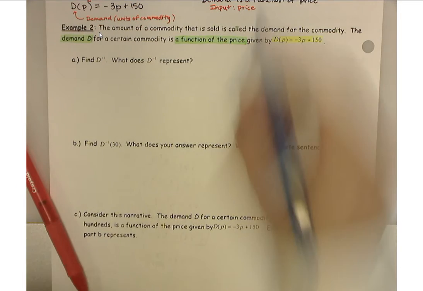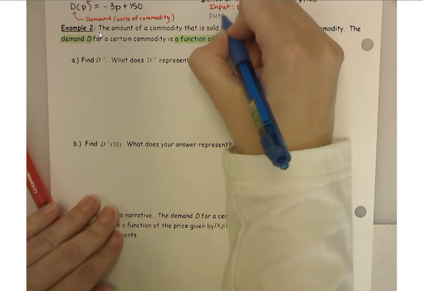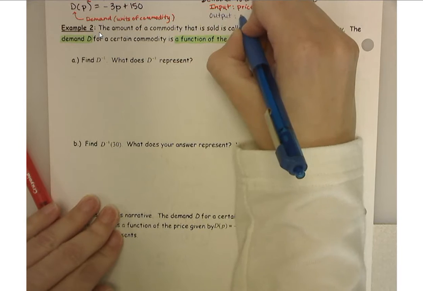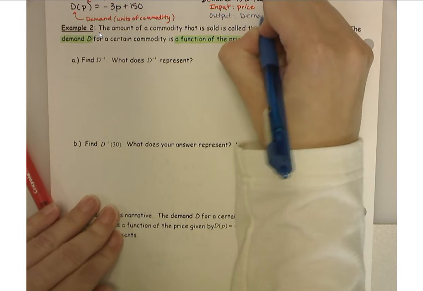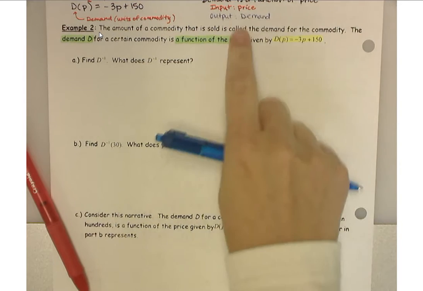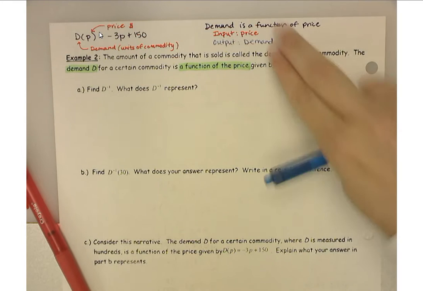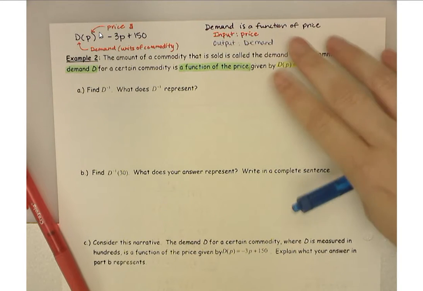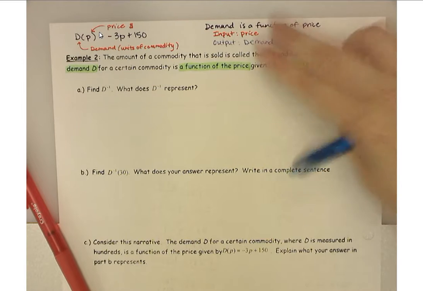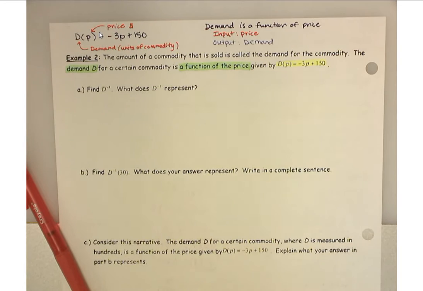The output is the demand. Now, the reason why we're talking about your input and your output, when we were talking about inverses earlier, we talked about how the x and the y switch. x is your input, y is your output. So when we are finding an inverse function, the input and the output are going to switch.